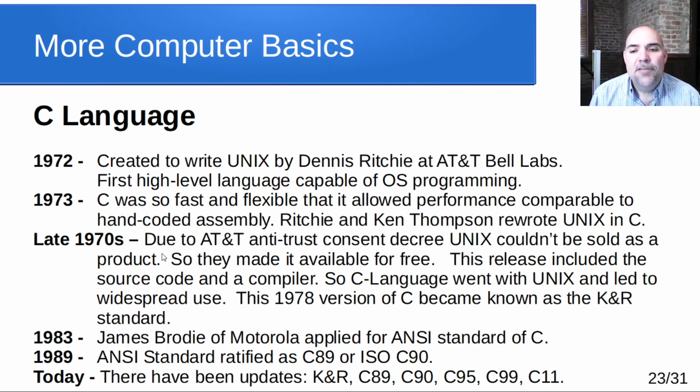That 1978 version of C language that became very widespread became known as the K and R standard. The R stands for Ritchie, and K stands for another computer scientist, Brian Kernighan, who worked with Dennis Ritchie. But essentially that compiler and Unix itself became really widespread at all these universities.